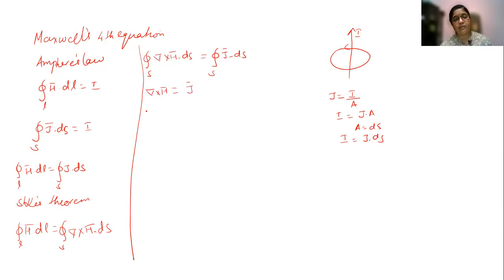Now I am going to call in the Gauss divergence theorem. So what does it state? Del dot del cross H is equal to del dot J. Now del dot del cross H is the divergence of a curl of a vector. First we must find the curl of a vector, and then we must find the divergence of that.